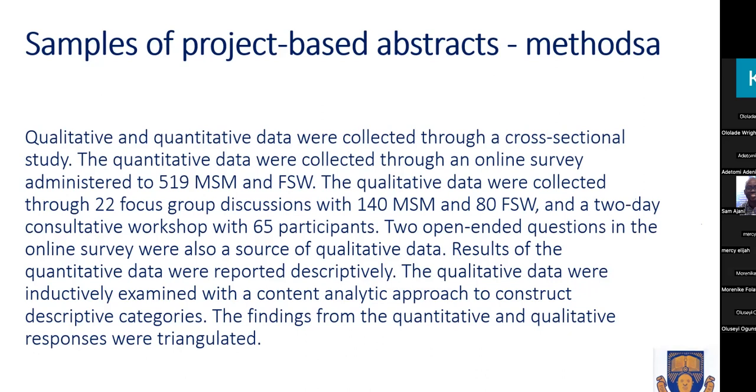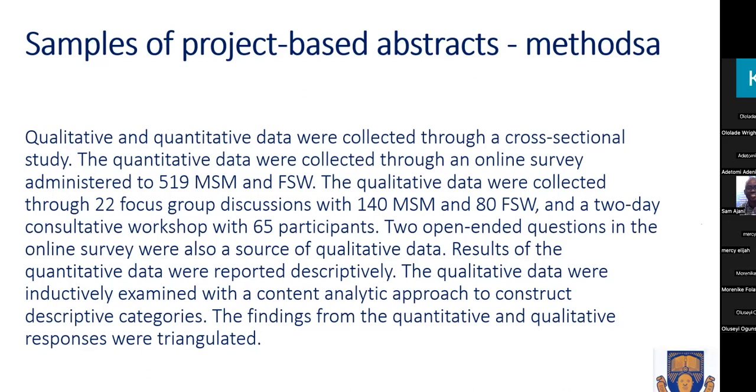The quantitative data were collected through an online survey administered to 519 MSM and FSW. Qualitative data was collected through 22 focus group discussions with 140 MSM and 80 female sex workers, FSW, and a 2-day consultative workshop with 65 participants. 2 open-ended questions in the online survey was also a source of qualitative data.